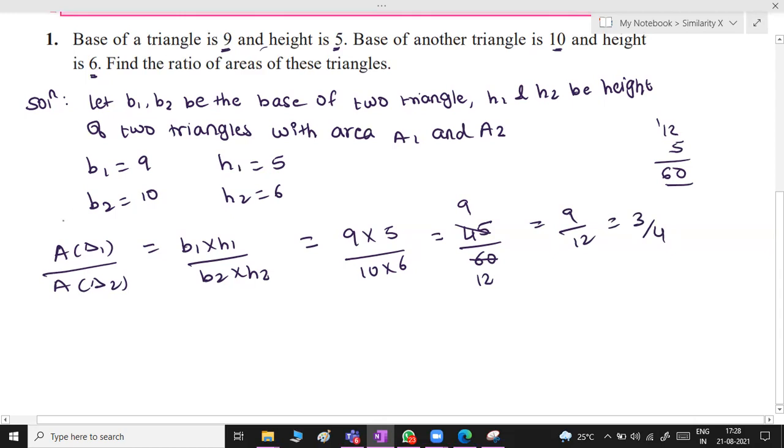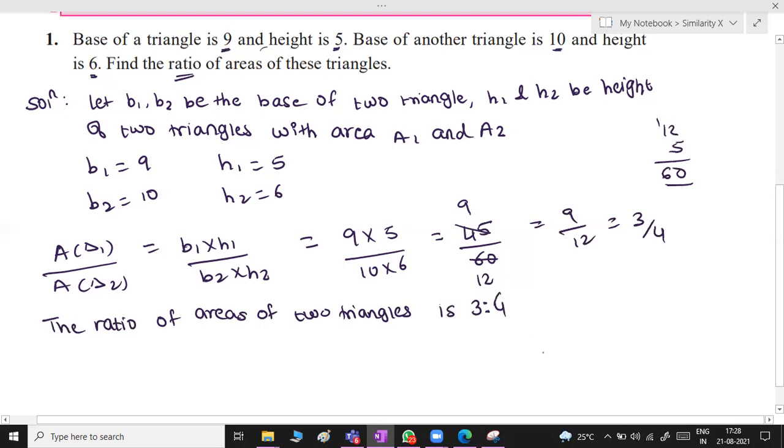Is this the final answer? No, they told me find the ratio. So here it's going to be the ratio of areas of two triangles, the ratio of areas of two triangles is 3:4.